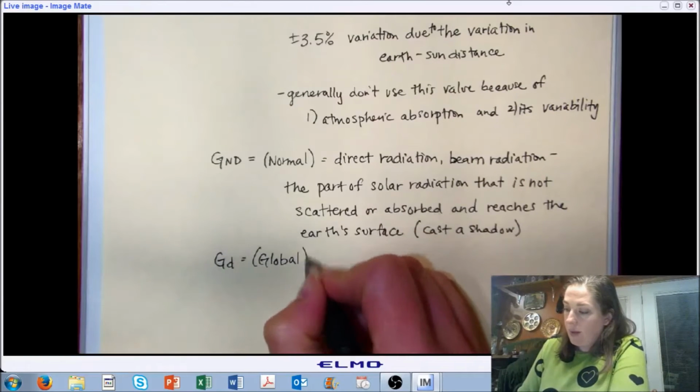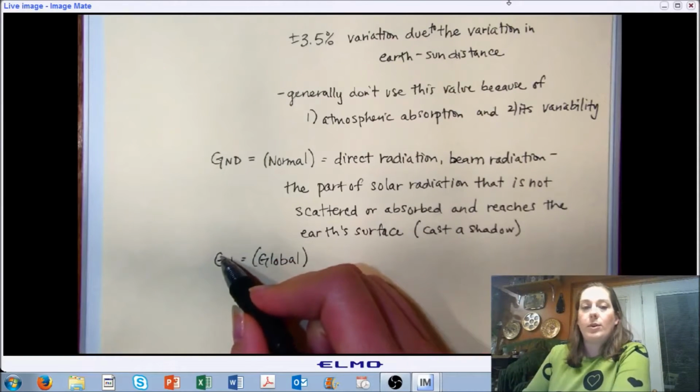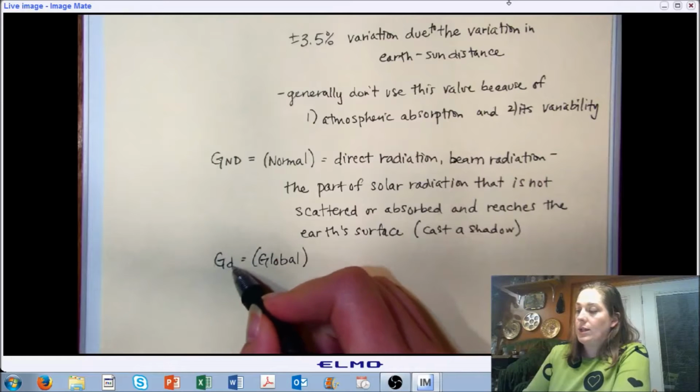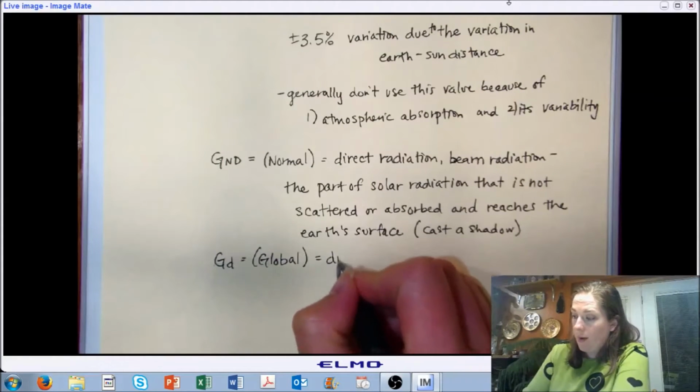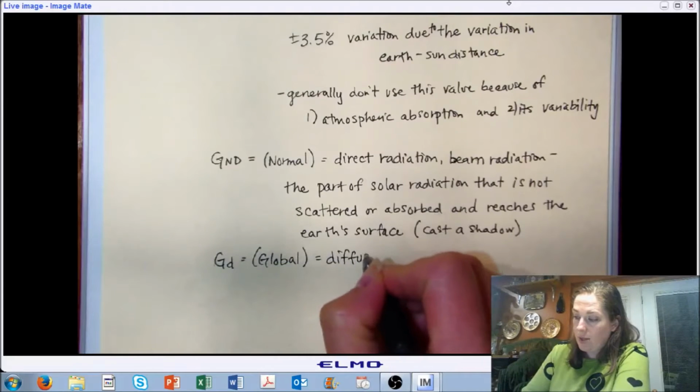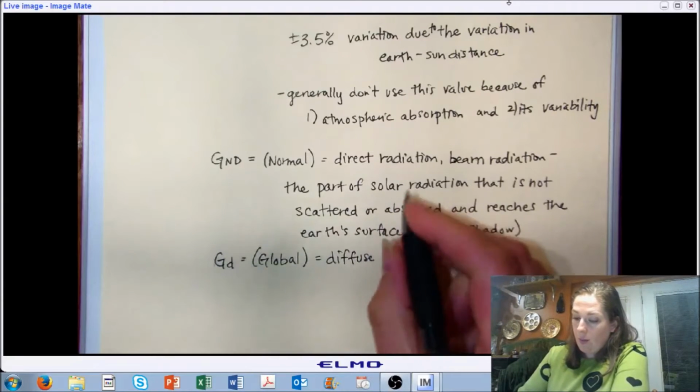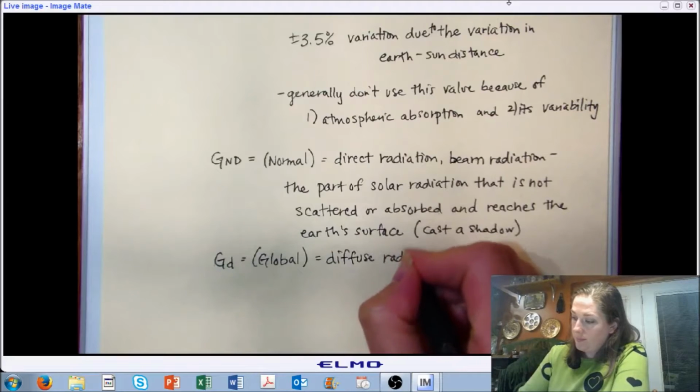The next portion of our radiation we want to look at is abbreviated in our text as capital G little d, and it might be called global, or diffuse radiation.